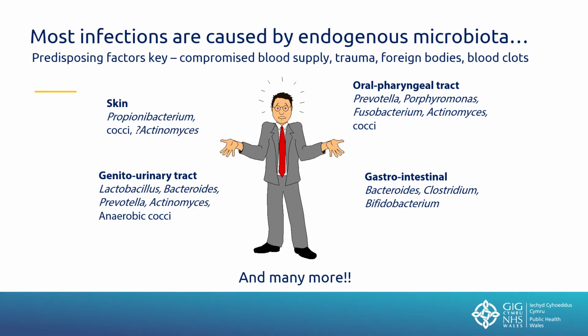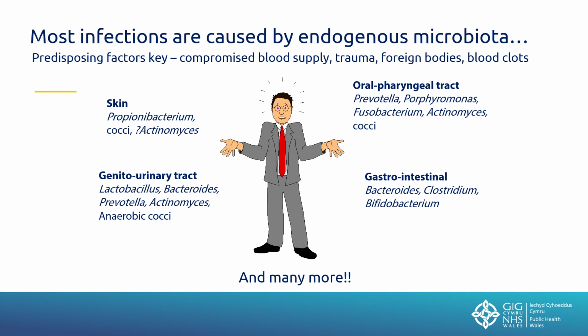Anaerobic infections are caused by endogenous microbiota, and they cause infections when there are predisposing factors in play, such as compromised blood supply, trauma, any foreign bodies or blood clots. And these are the organisms or the genera that are involved at various different bodily sites.